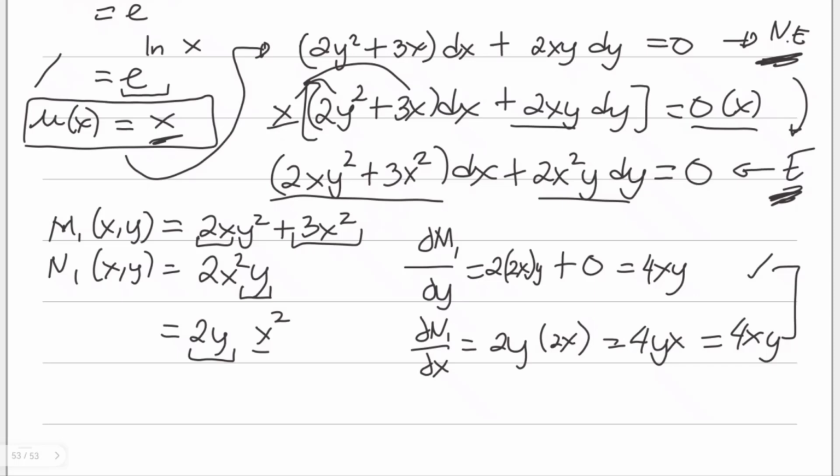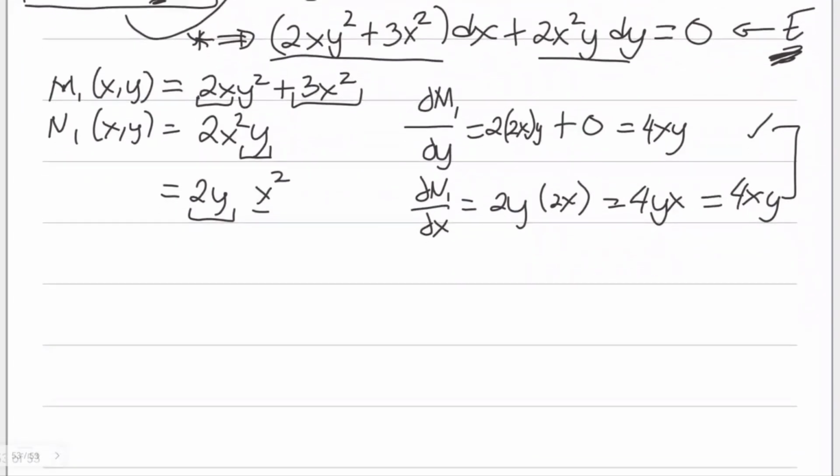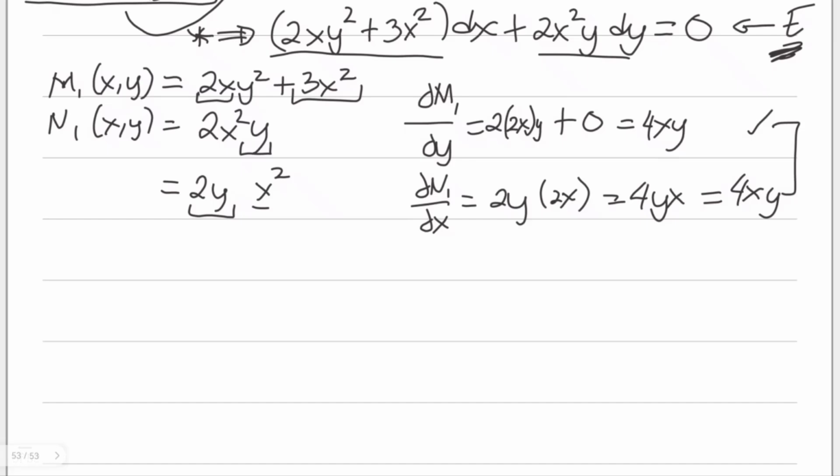Now that we have an exact differential equation, we will copy the process of solving an exact differential equation. What was the process we did? We are going to solve for f of xy equal to c.